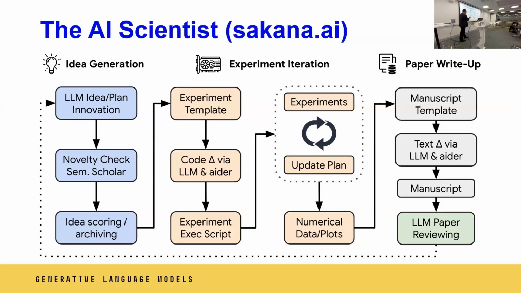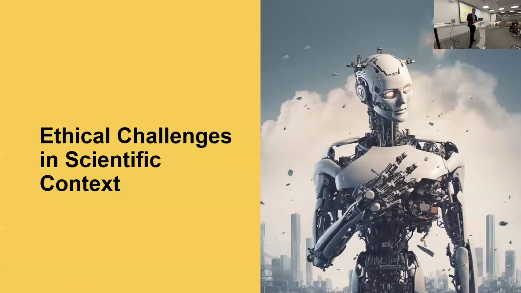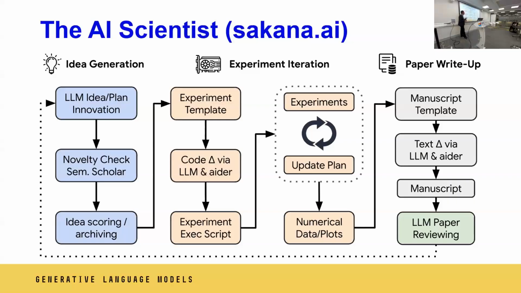But the question is how reliable these papers are. And now we are getting to the ethical challenges in the scientific context. Is there a risk that the scientific literature becomes flooded by these artificially generated papers or not?